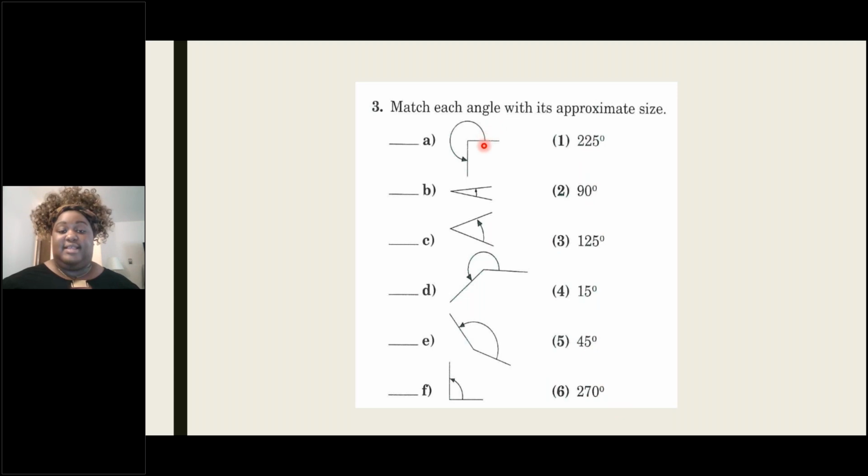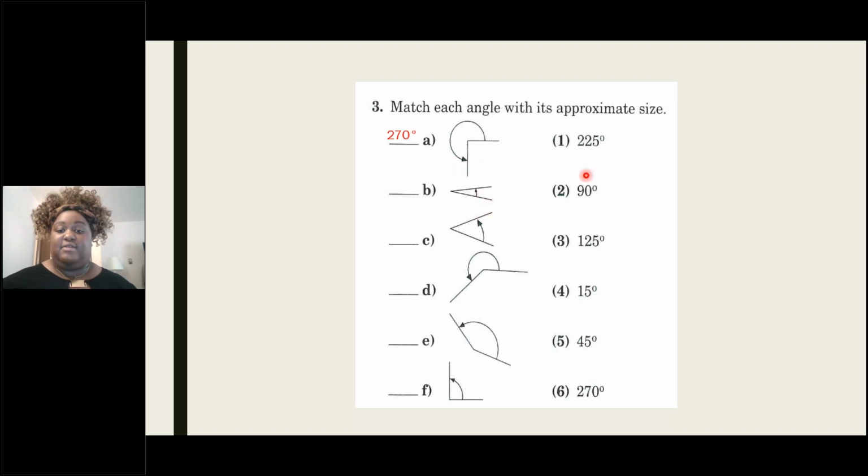So looking at this, and I'm thinking of the circle, it looks like I'm pretty much almost there with the full circle, but I'm missing a piece. So I want to look for a number that's as close to 360 out of all of these. So in this case, that angle would be 270. It's a reflex angle. It's more than 180, but less than 360.